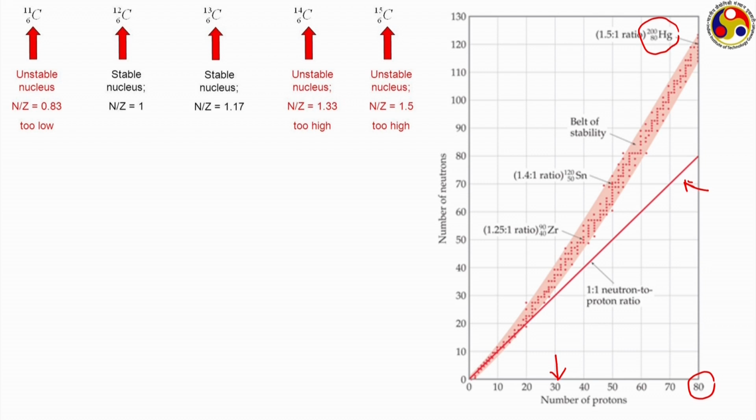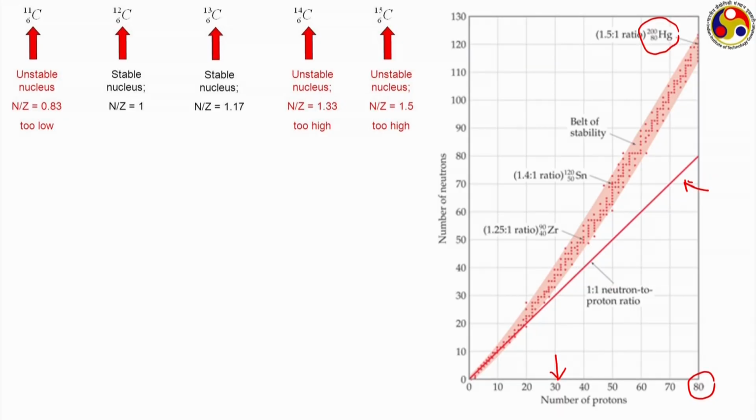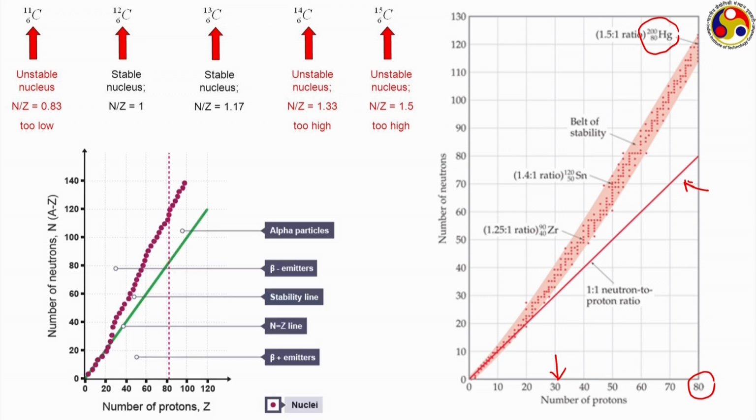That means, as the atomic number keeps on increasing, the N by Z ratio corresponding to the stable nucleus also keeps on increasing and reaches around 1.5 for such heavy nuclei. But the nuclei lying outside this band try to go through some kind of nuclear reaction which allows them to come back within this band, and accordingly we can find several kinds of nuclear reactions like shown here.